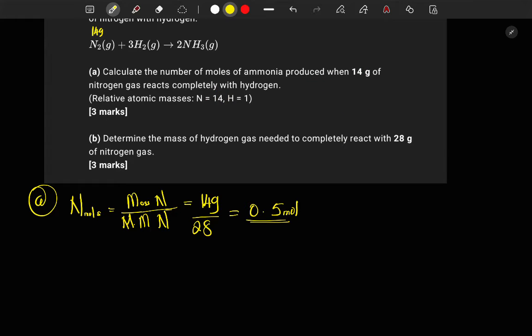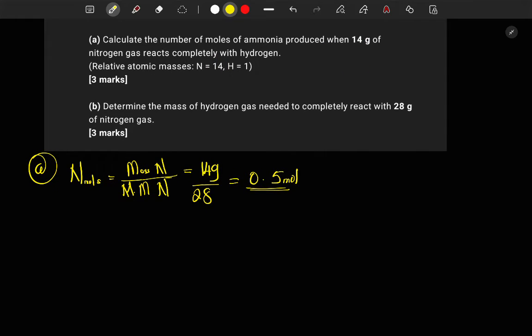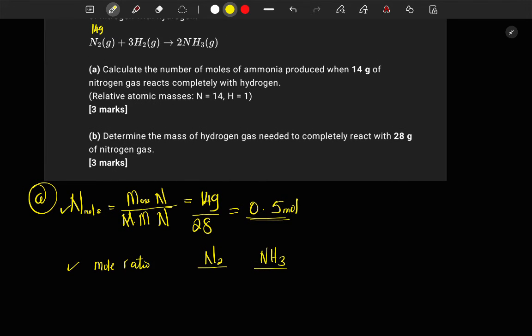All right, so how do we find the moles of ammonia now? We use the molar ratio. Step 1 is gone. Step 2, we will use the molar ratio. I'll write for you. So we have the number of moles of nitrogen there, and the number of moles of ammonia there. So the ratio: for nitrogen, the number in front is just 1.